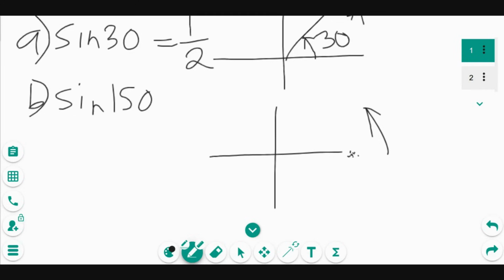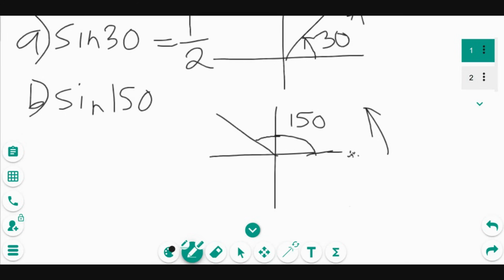If the angle is negative, assuming I was measuring sine of negative 150, I would take this clockwise direction. Okay, let's take what the question has asked. So the sine of 150, I would measure 150 degrees. 150 degrees is beyond the first quadrant, because from here up to here is 90. So I need 60 more to make it 150. So I would continue measuring until I measure 150 degrees. So this is 150 degrees.